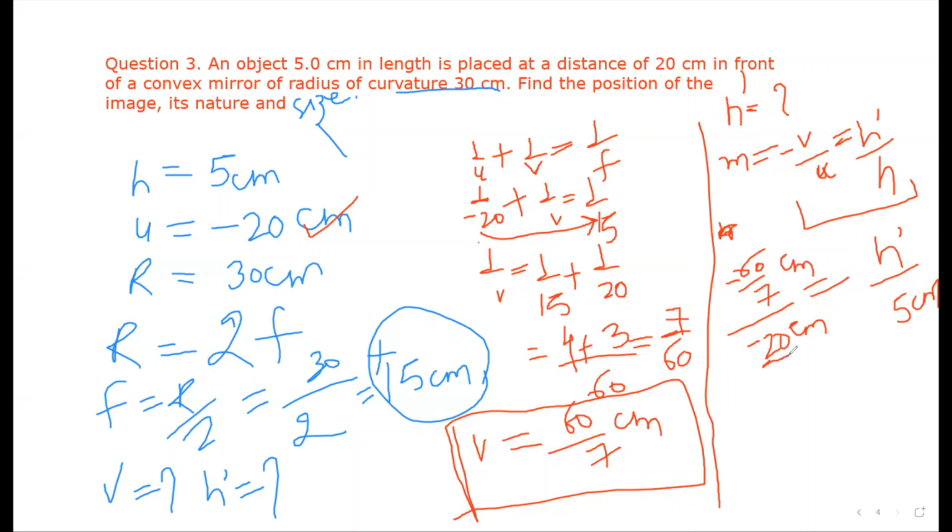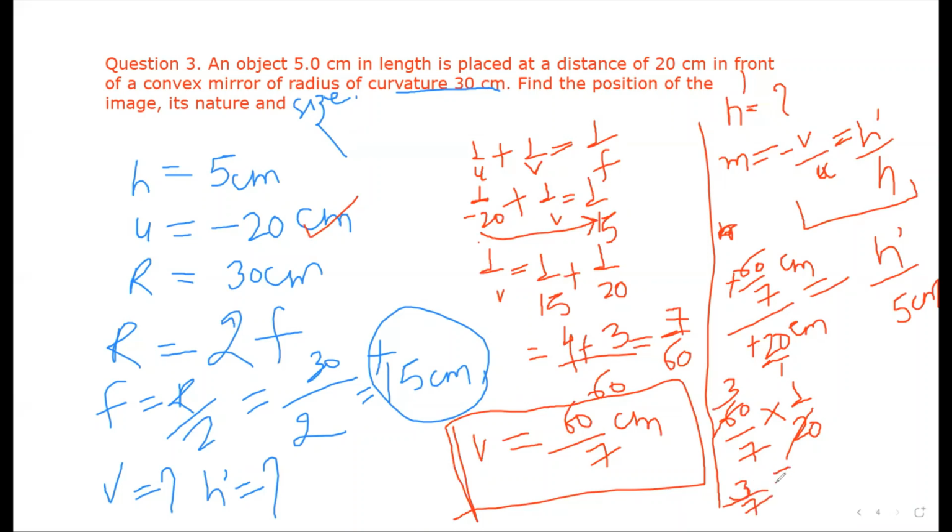By putting 1 here, this will be 60 by 7 into 1 by 20, right? Minus and minus cancel out, don't forget it. Cutting here by 3, you will get 3 by 7.